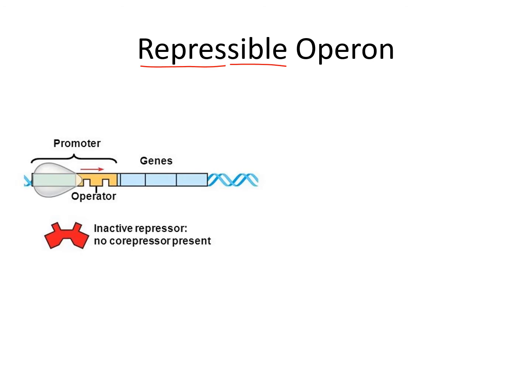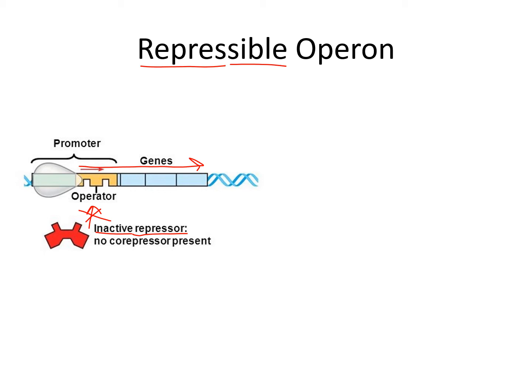So in this case, when the repressor is produced by those regulatory genes, it is in the inactive form. So because it's in the inactive form, it is not bound to the operator. So the RNA polymerase is free to slide along the DNA and transcribe those genes. So those protein products of the gene are being produced.